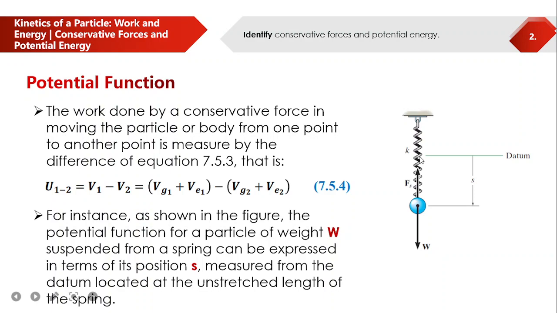So, yung initial mo sa datum, tas in-stretch mo. Okay? So, meron siyang gravitational tsaka elastic na potential energy. So, kailangan mo din i-consider. So, ayun nga, in-express siya in terms of position. Okay? Yung weight tsaka yung elastic spring mo na andyan sa system natin.